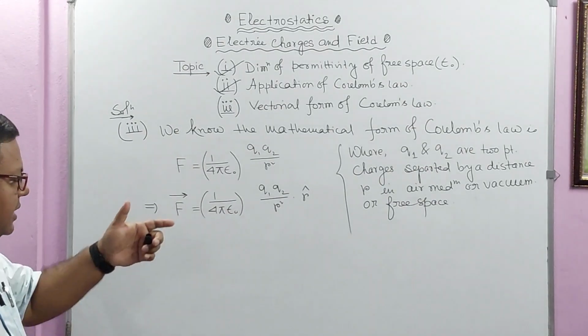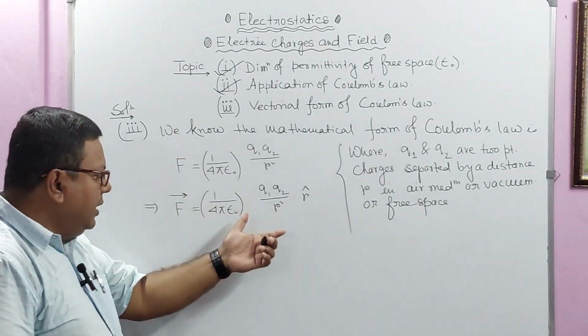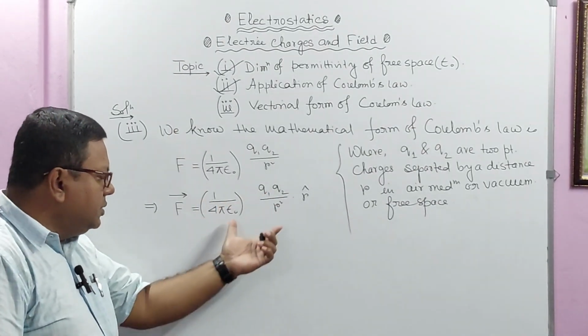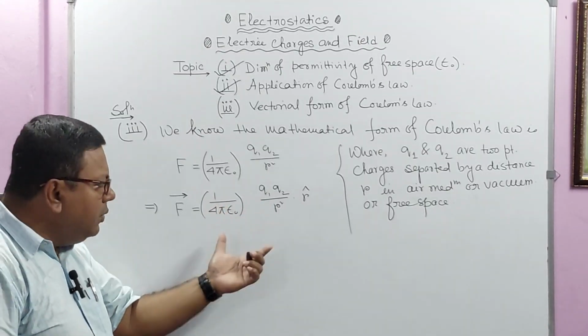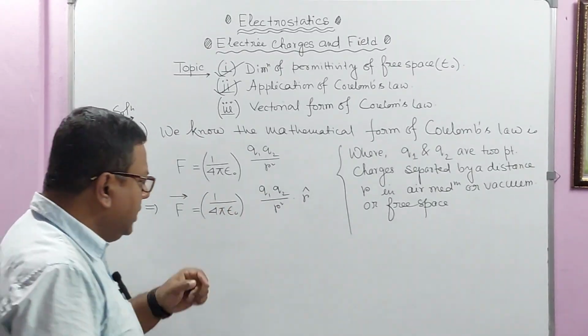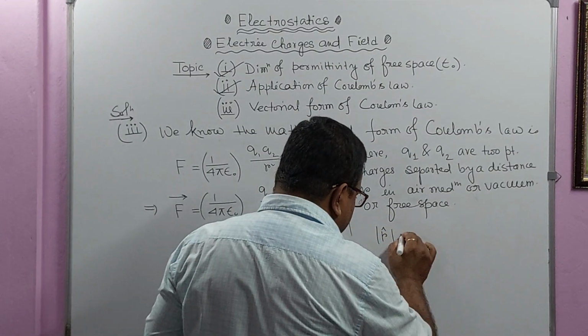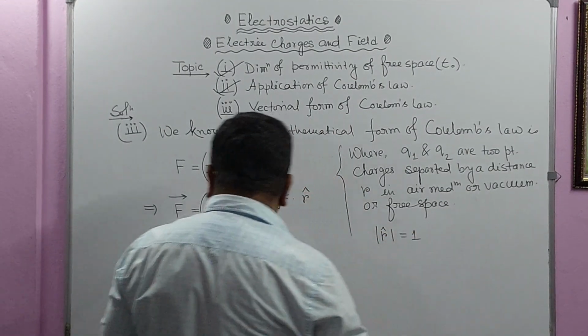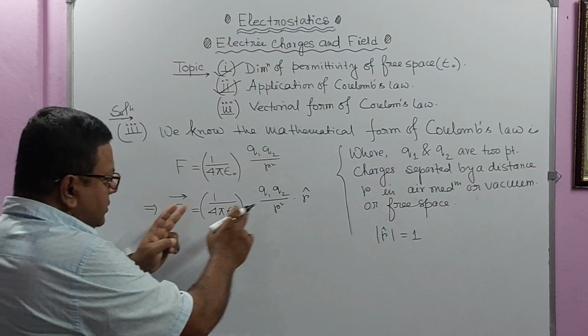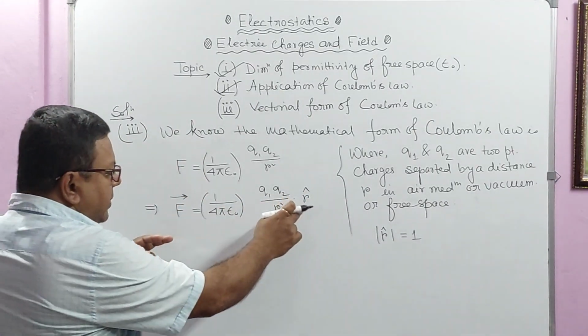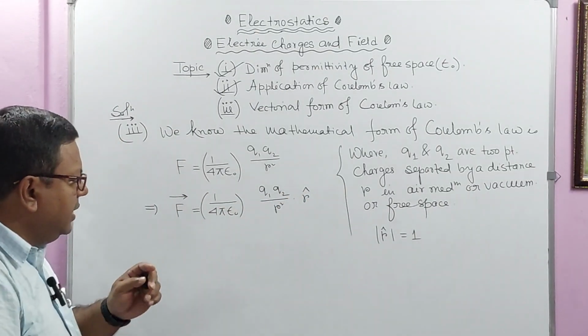R cap is the unit vector, which converts this total quantity into a vector without disturbing its magnitude, because the magnitude of r cap is equal to 1.